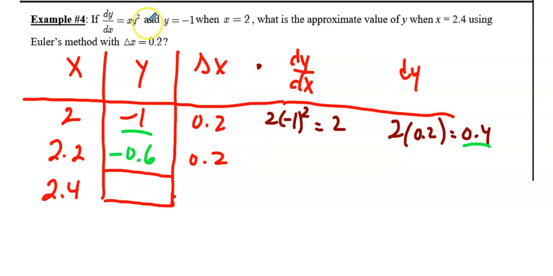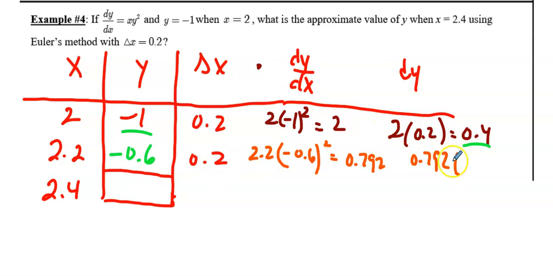Our x now is going to be 2.2. Our y is going to be -0.6 quantity squared, and we're going to get 0.792.